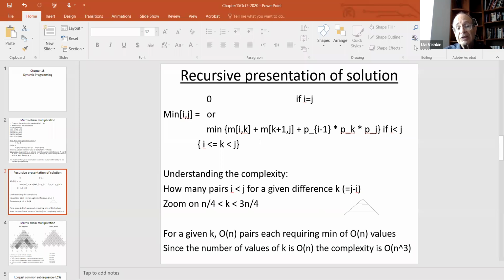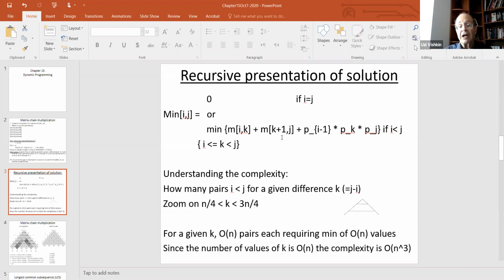I could break at any k, so the assumption here is that J is larger than I. I could break at any k in this range, as long as k is larger than or equal to I and less than J. And I could ask myself recursively, what is the best value for multiplying the matrices between I and k, and between k plus 1 and J?